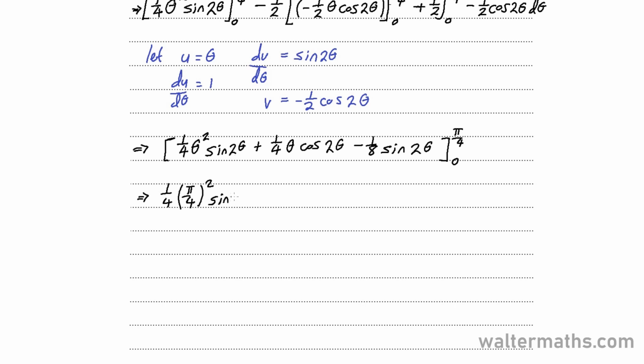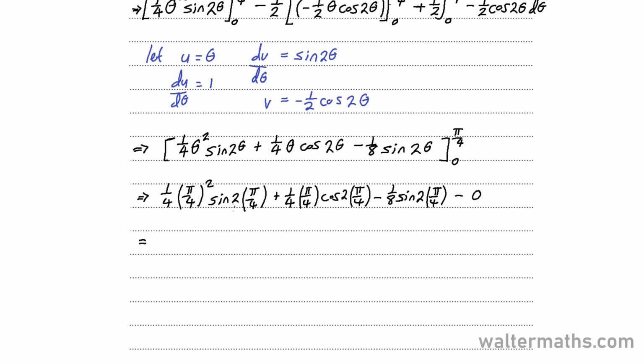And it's plus a quarter of theta, which is pi over 4, times cos 2 of pi over 4. And it's minus an eighth of sine of 2 of pi over 4. And it's minus, now substituting 0 into this whole thing, we are going to get 0 all throughout.